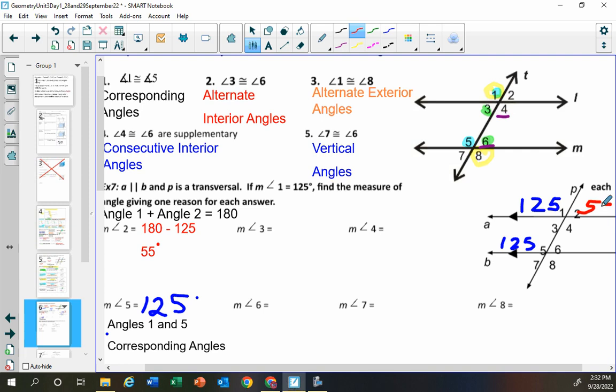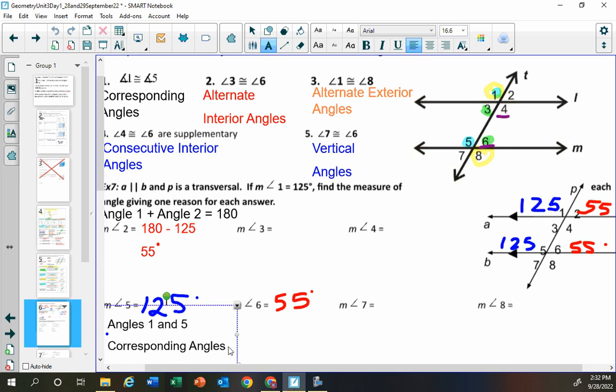Aren't they also corresponding? 2 and 6, yes, they correspond to each other. So they have the same measure. Basically angles 2 and 6 are just like angles 1 and 5.